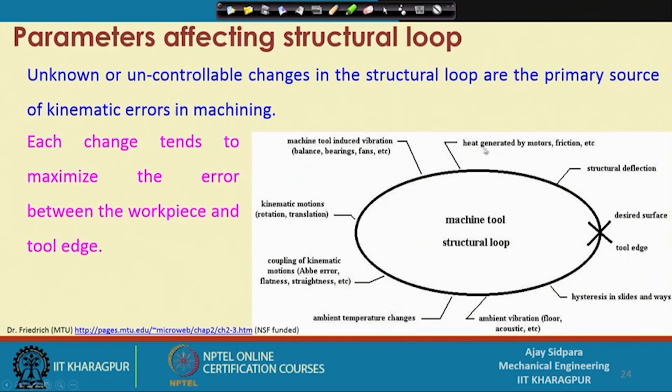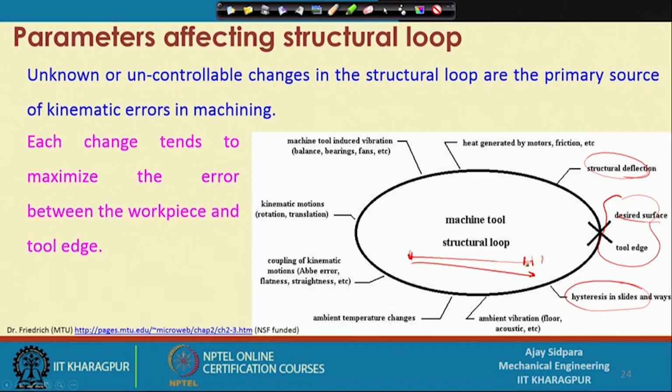Vibrations are one thing, then heat generation, then the structural deformation, and these are the two locations which keep this loop closed. Then hysteresis in the slide and reverse way: if you are moving in one direction and reaching a location, and you give the same distance of travel back to the original location, you will not reach that location. It may be somewhere shorter than that.